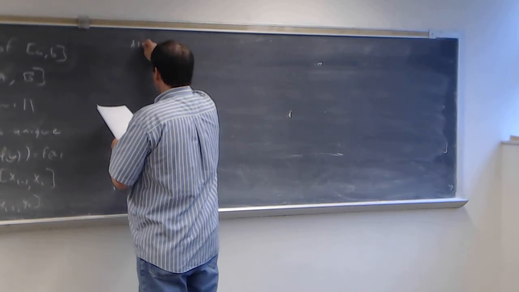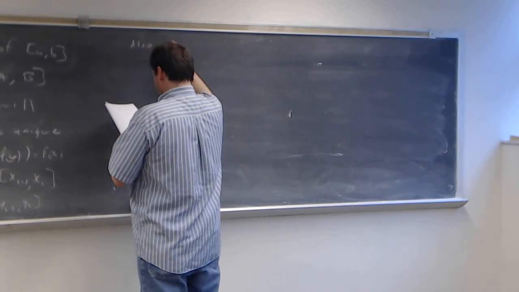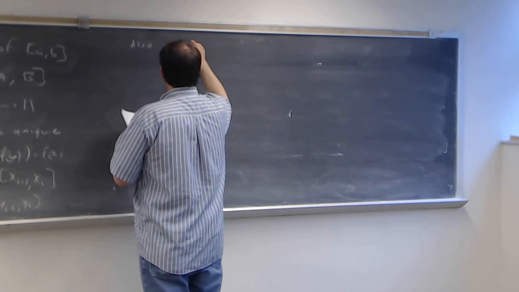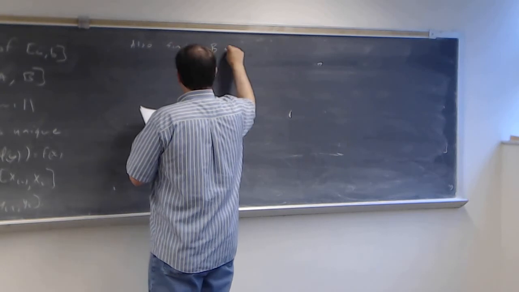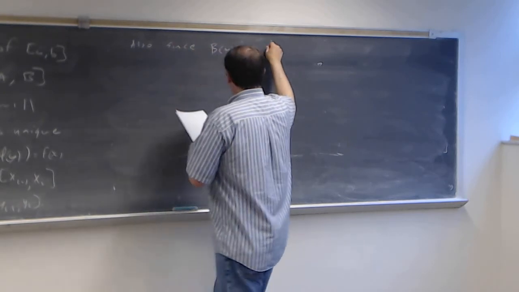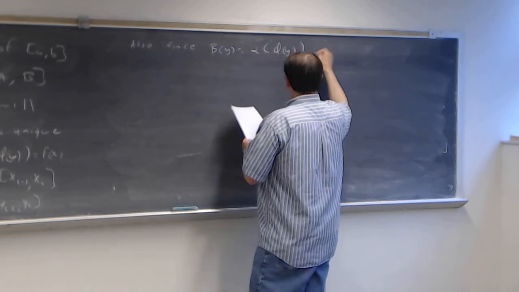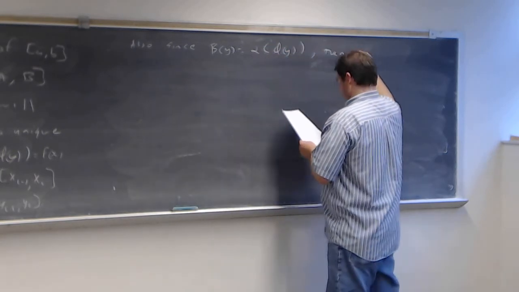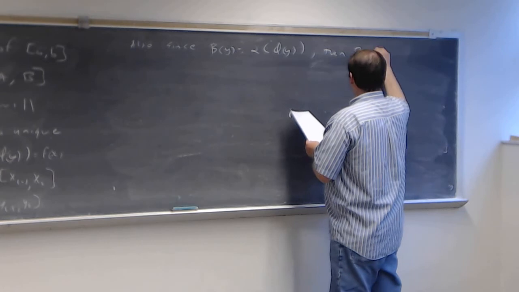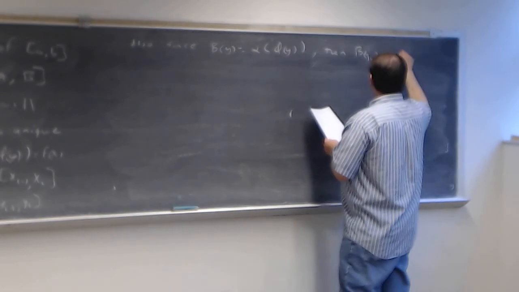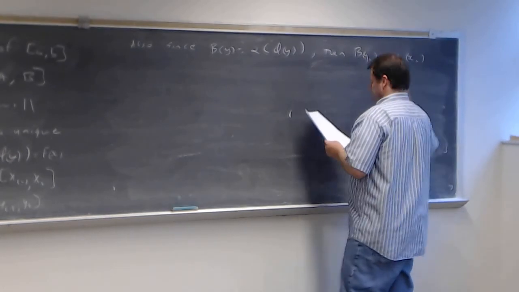Also, since big B of y is defined to be alpha acting on phi of y, then B of y sub i is equal to alpha of x sub i.